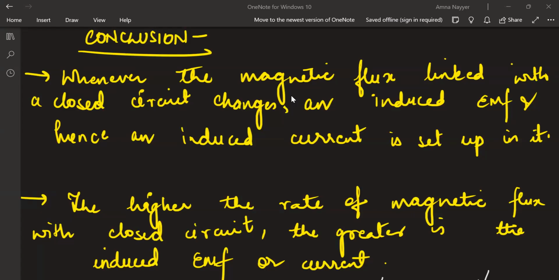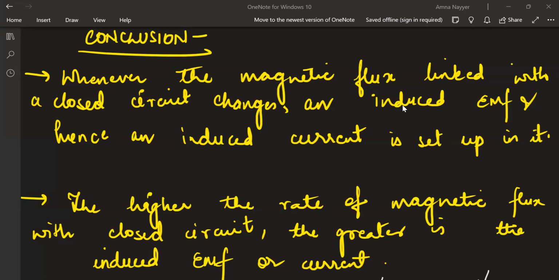First point I'm not able to understand. The first point says whenever the magnetic flux linked with a closed circuit. This means through a coil. Closed circuit means your coil circuit that we did in the experiment. Whenever flux is changing, see, due to the magnetic field, flux will also change because flux is equal to BA cos theta. So if the magnetic field is changing, the flux will also change.